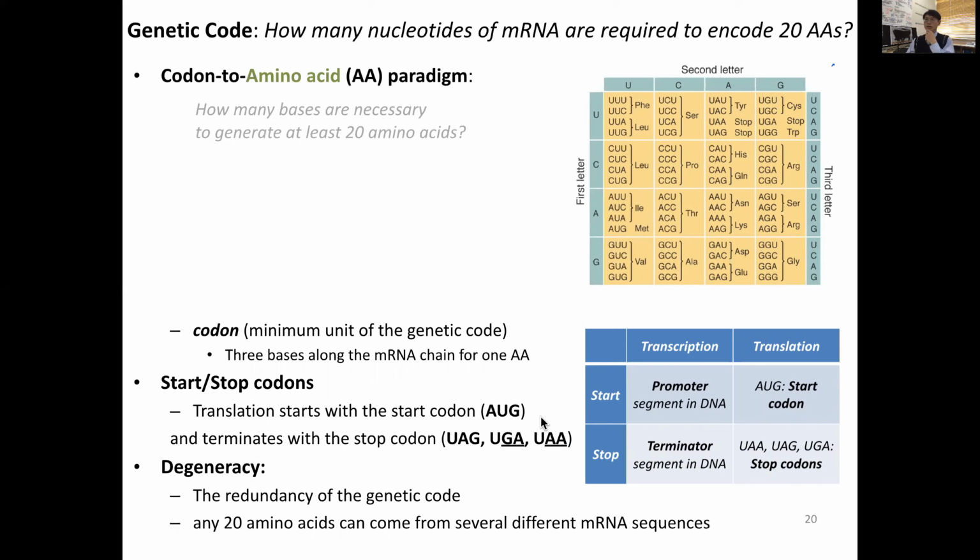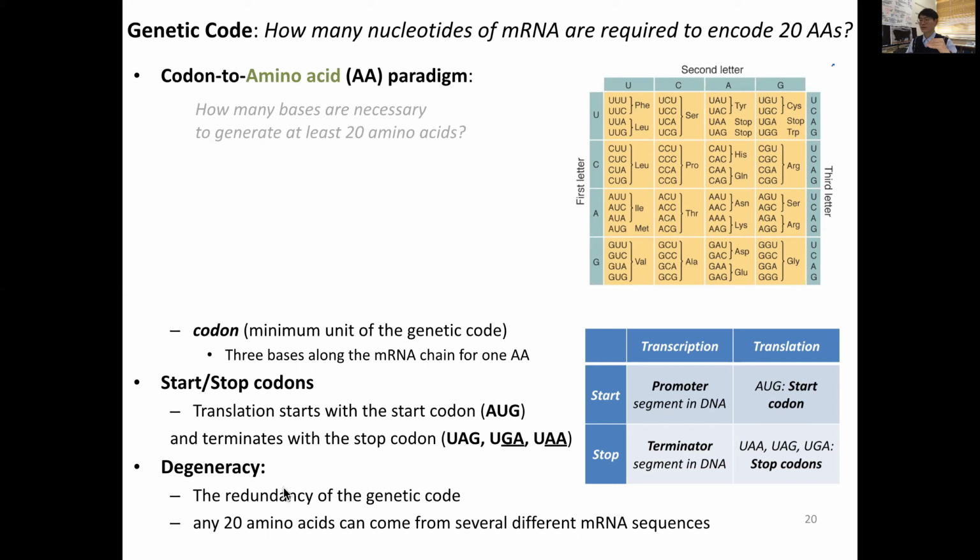And so if I want to summarize transcription and translation by comparison, transcription starts on a DNA segment, which is called the promoter region, and then it stops at the terminator region. While translation is based on mRNA, where AUG is called the start codon, and UAA, UAG, UGA are the stop codons, which means translation stops there.